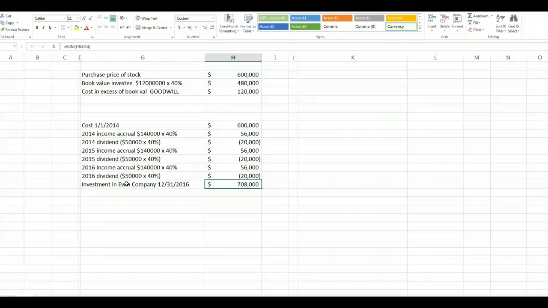Add a portion of the income that we accrue each year, subtract any dividends. Bingo, okay? What we'll do throughout the chapter, we're just going to add some more pieces to it. That's all.